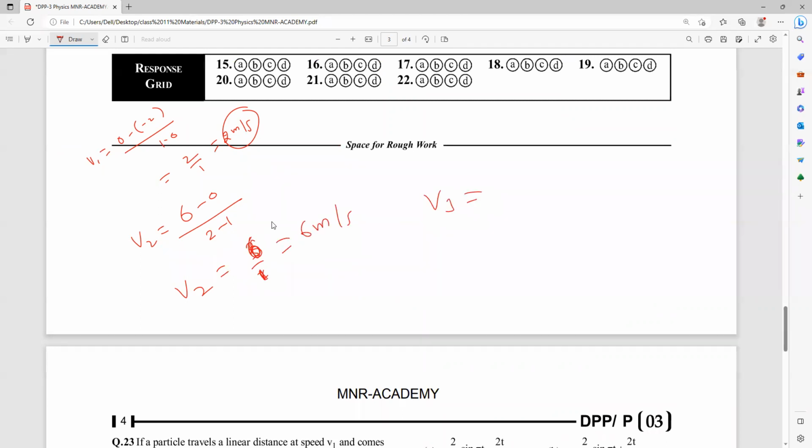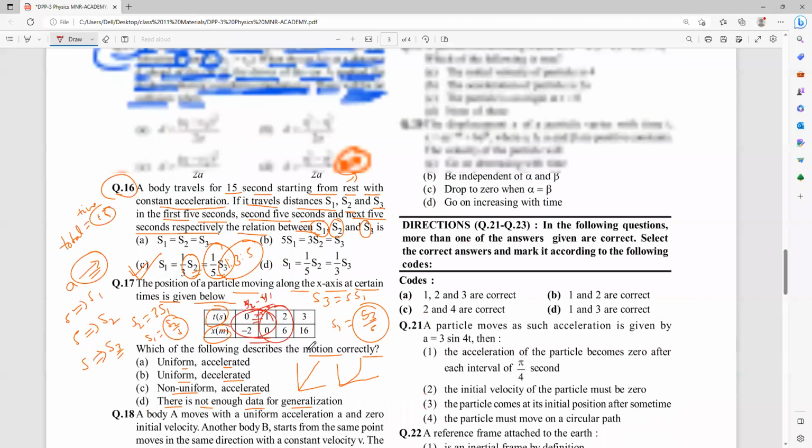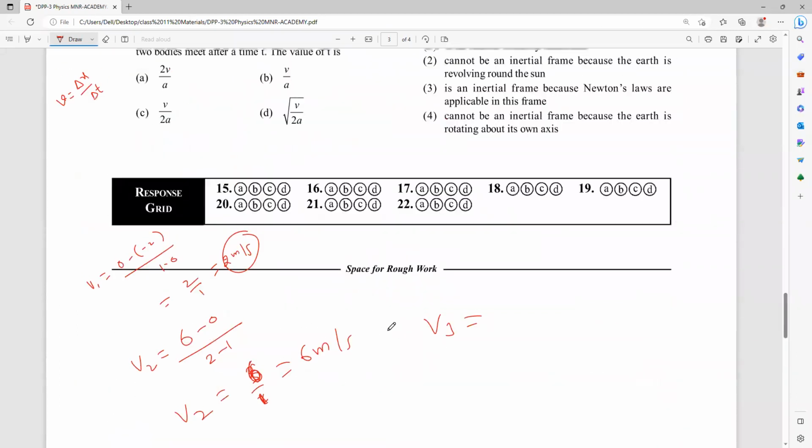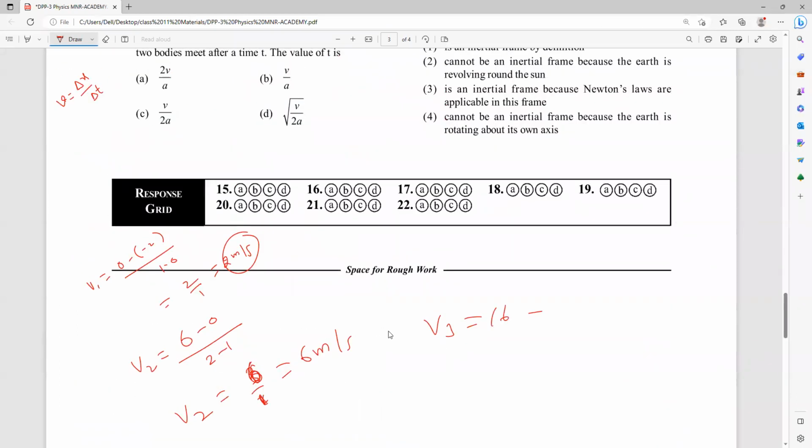Same way v3, can you tell me the difference? v3 equals to the last two, 16 minus 6 divided by 3 minus 2. How much is it? 10 by 1, which is equals to 10 meter per second.